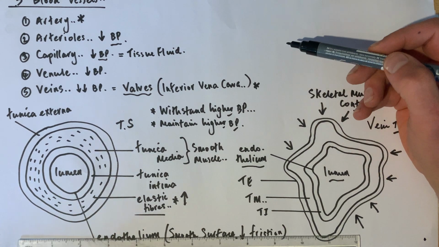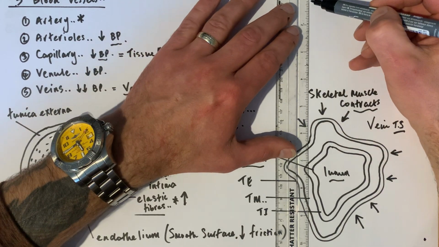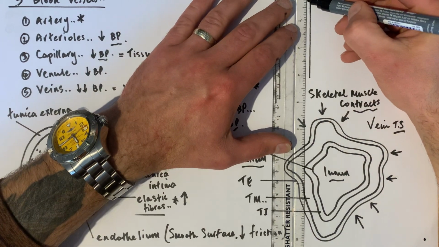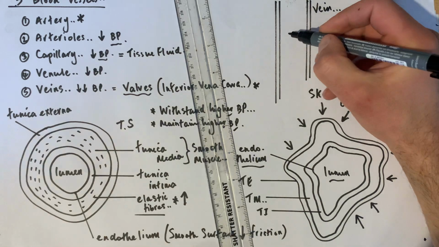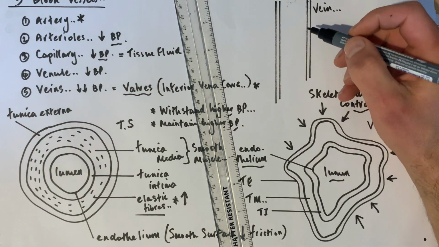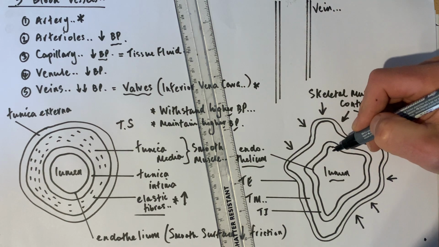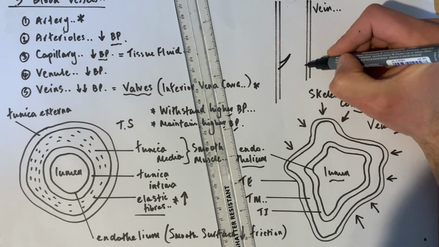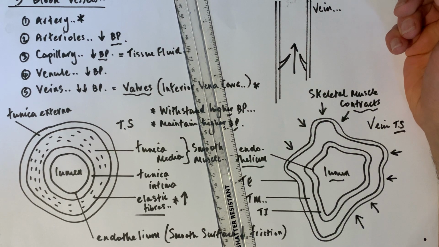So I'll just go up here and then we'll have a look at this time. Imagine you had a vein from the side here. So I'll just do it like this. So this is our vein looking from the front this time. And there are valves. So I'll just do the valve here. And as the blood gets squeezed upwards, the valves are going to open like this. So the blood's going to go up and through the valve.